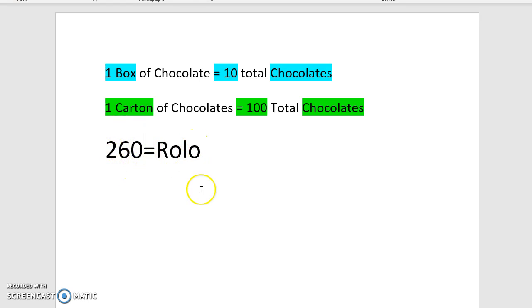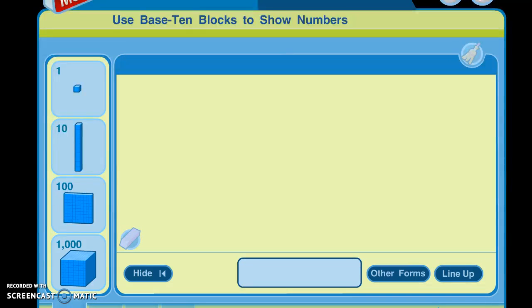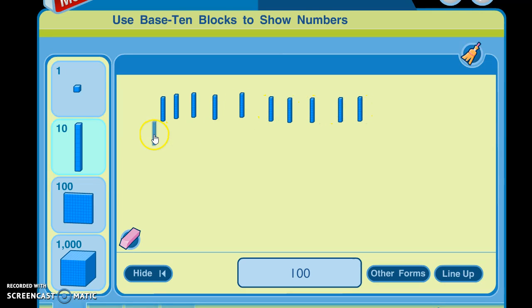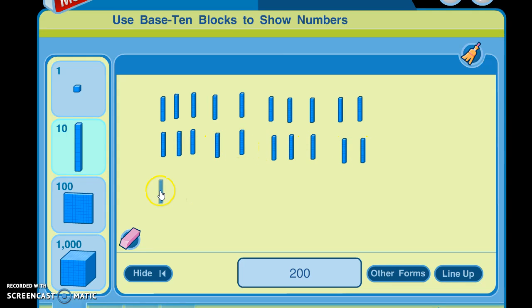So if she can only buy boxes, we will go back to our base 10 blocks and see how many it takes us to get to 260. Alrighty, look at our number down here. We had 260.